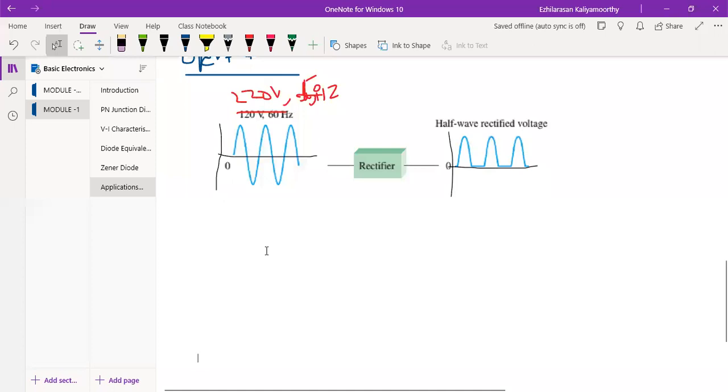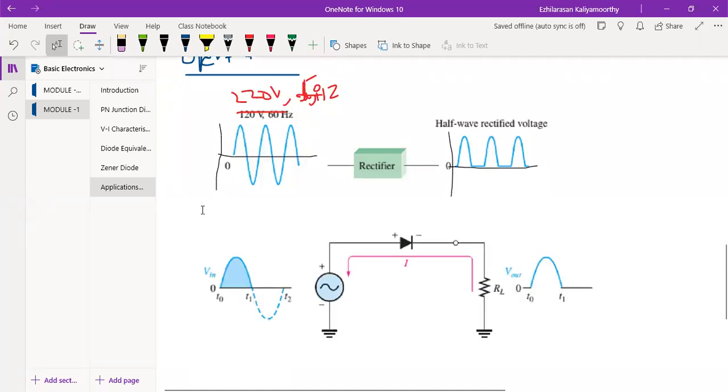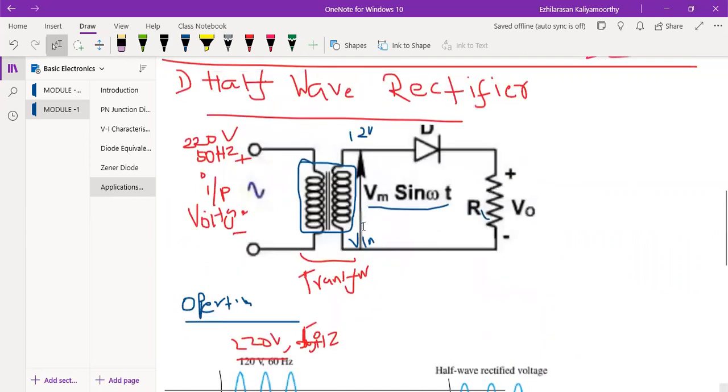First, this is case one, during the positive half cycle of the input. Now see what happened in this circuit.